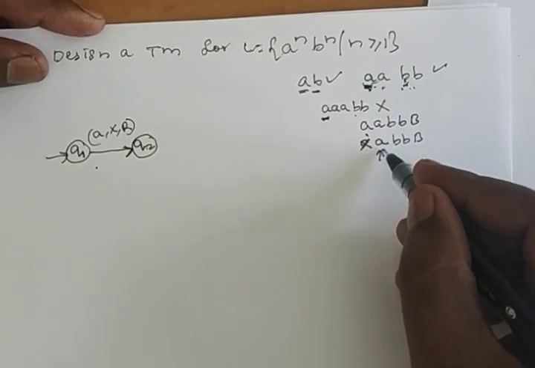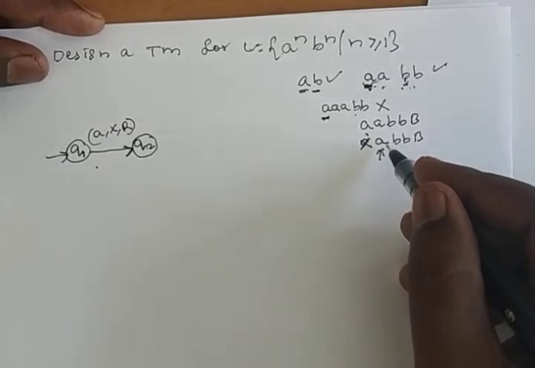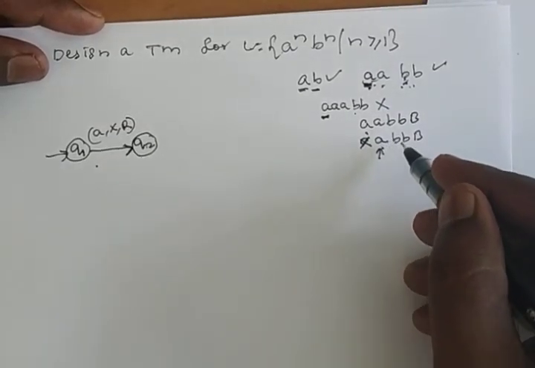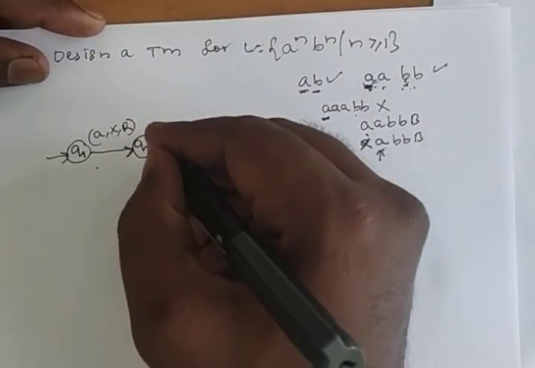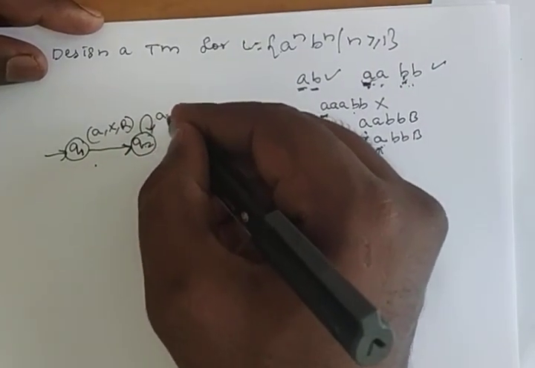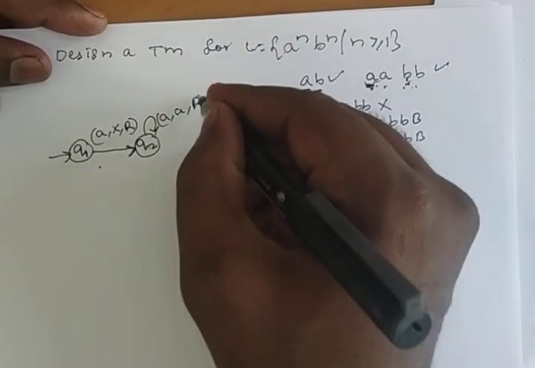In Q2 you are getting A as input, so you should not replace it by any other new symbol until you encounter B. You are traveling to the right, so in Q2 you replace A by A and move to the right direction.